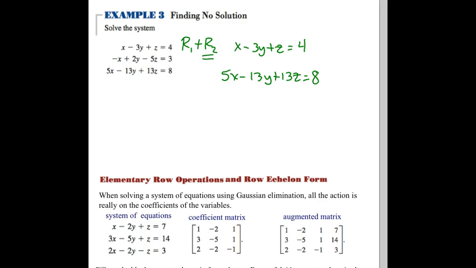I'm changing row 2. So picture adding rows 1 and 2 together. What do we get? We get no x's, we get a negative y, and we get negative 4z, and constant 7.